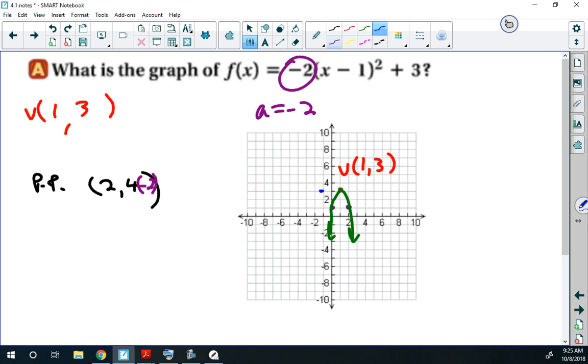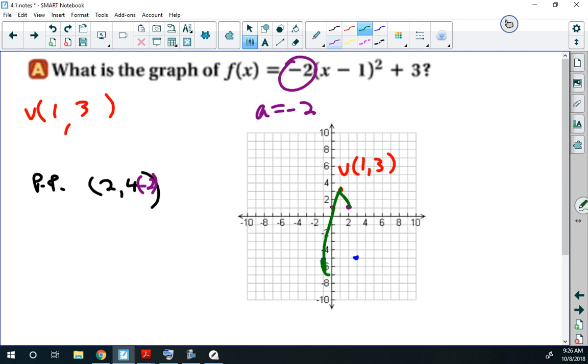So what we would be doing is going over 2 units, and then what? What's 4 times -2? -8. So when we go over 2 units, we'd be going down 8. So let's see, 1, 2, 3, 4, 5, 6, 7, 8, like that. And like that. Okay.